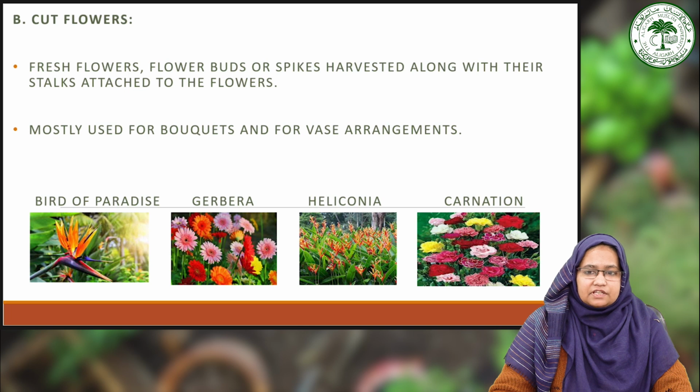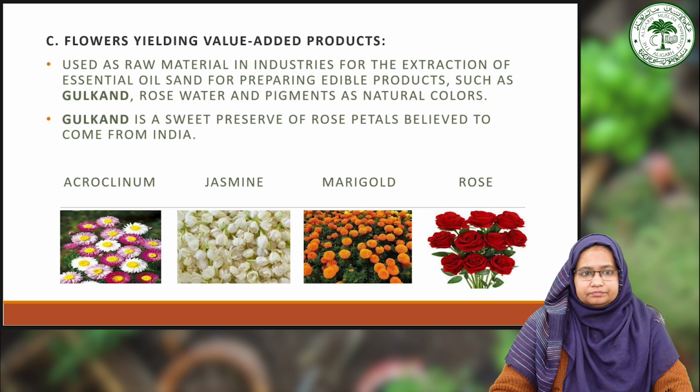These plants are mostly used for buckets and for vase arrangements, as we can see here the images of bird of paradise, gerbera, heliconia and carnation, which are used as cut flowers.